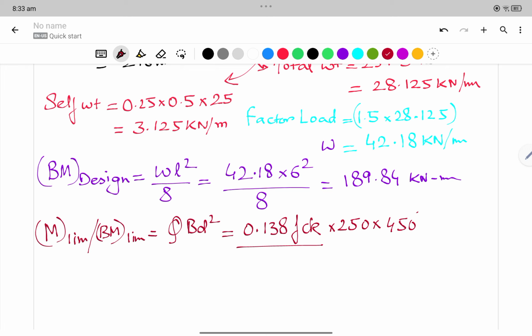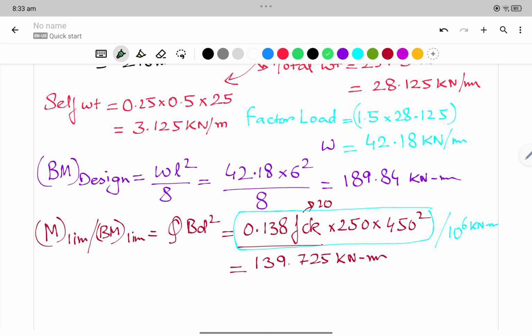So 450 square. The value is coming to 0.138 into fck, fck is 20, you will replace it by 20, and you will convert it by dividing by 10 to the power 6, so that it converts to kilonewton meter. The value is coming as 139.725 kilonewton meter.